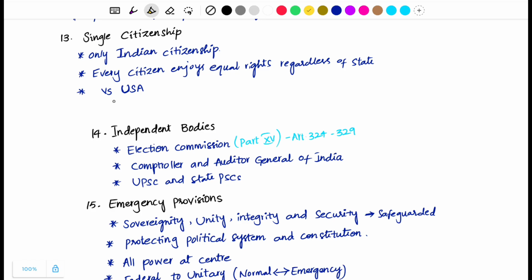Dual citizenship is present in other countries, whereas in the Indian context, we have only single citizenship, my friends. Every citizen enjoys equal rights regardless of the state, because I represent myself as a citizen of India, not a citizen of any other state. So I have an equal right to enjoy. I have already discussed the USA context of dual citizenship.